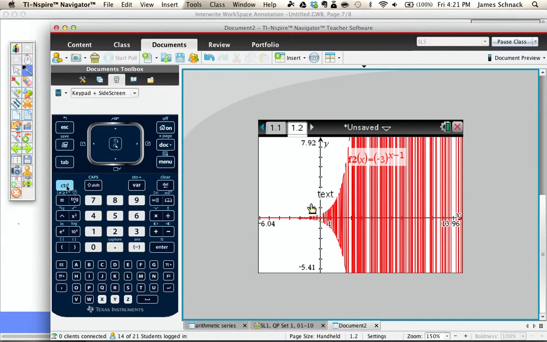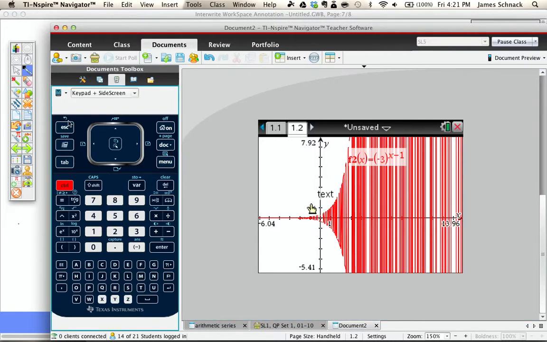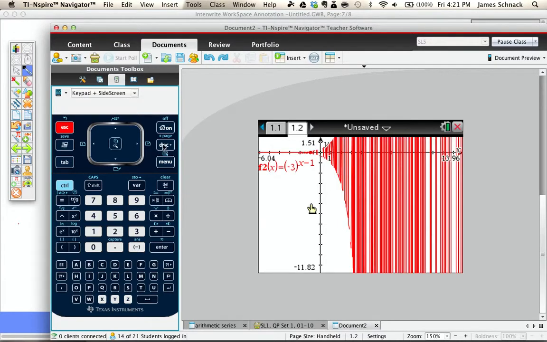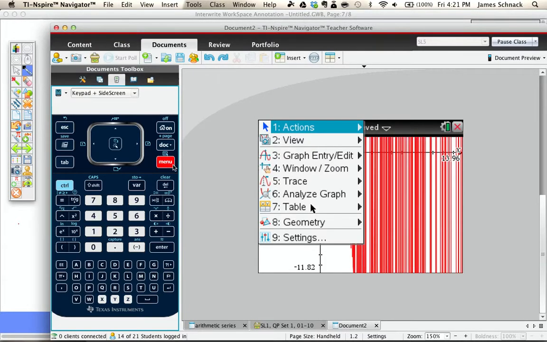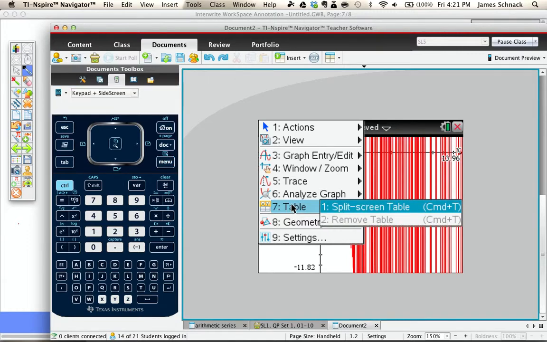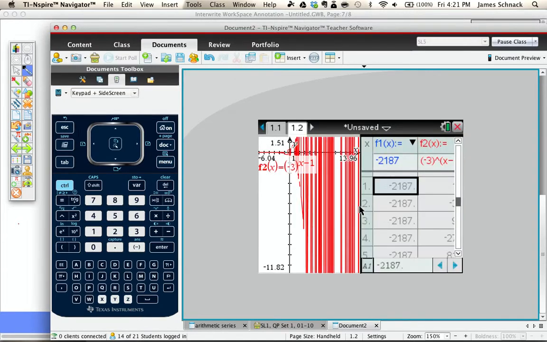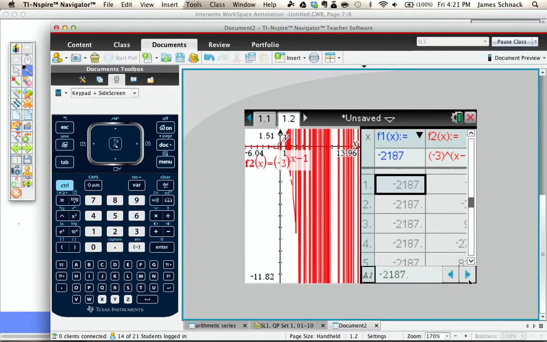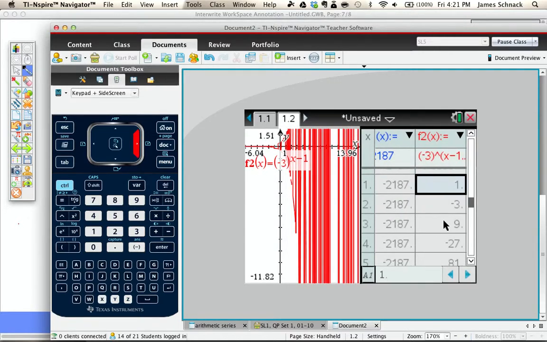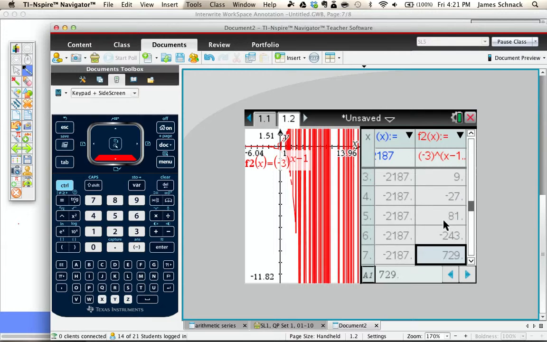Let's go to a table. Split screen table. And we want to find where the second graph, where f2(x), is equal to -2187.